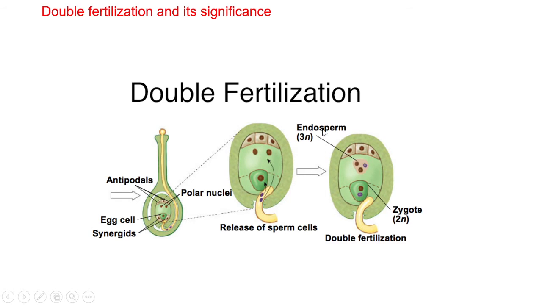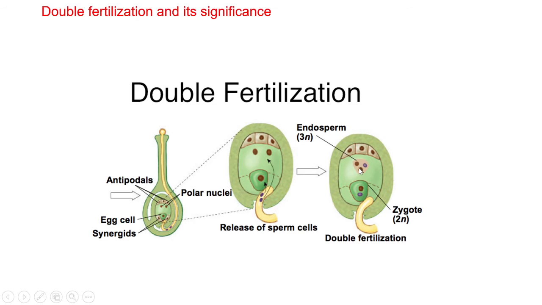After fusion of one male gamete and the egg nucleus, one male gamete is still present. This male gamete fuses with the secondary nucleus. The secondary nucleus is diploid because it is formed by the migration of one nucleus from the upper side and one nucleus from the lower side of the embryo sac. They are called polar nuclei.